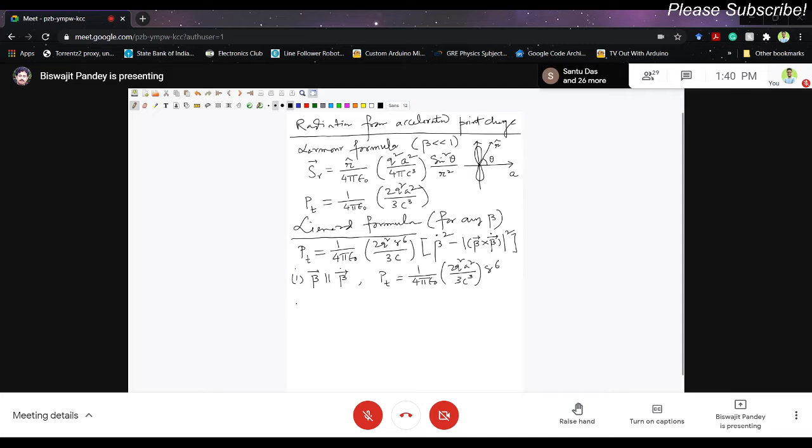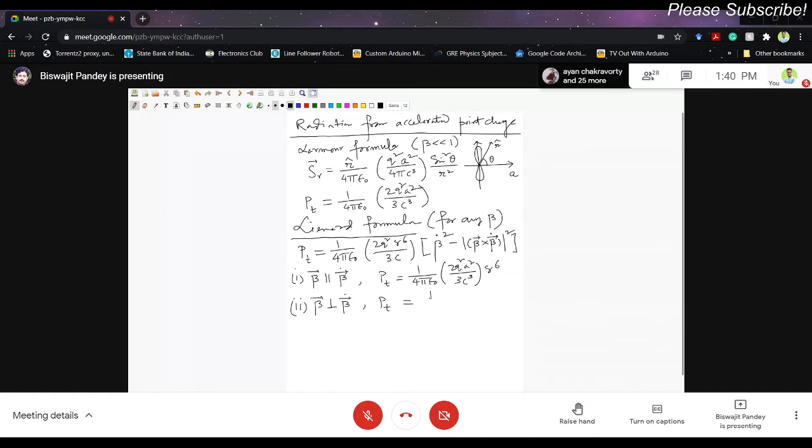And when beta is perpendicular to the acceleration vector beta dot, then the cross product is sine 90 degrees, which is 1. So you can take beta dot square outside. 1 minus beta square is 1 by gamma square, and then we have gamma to the power 6 here, so we get gamma to the power 4.